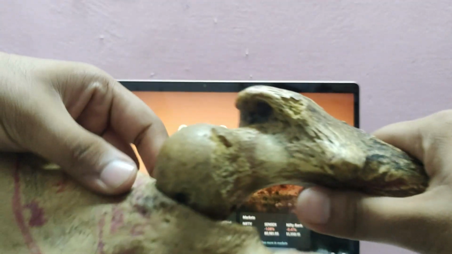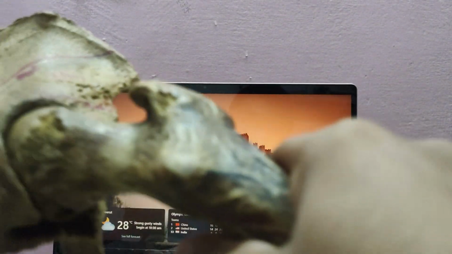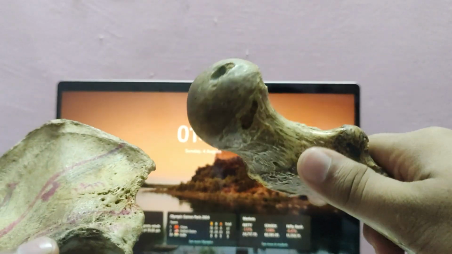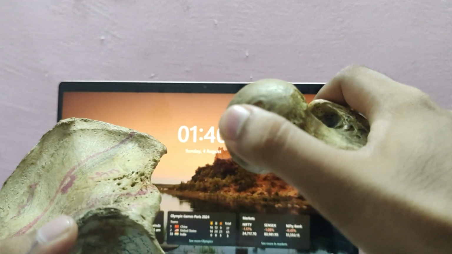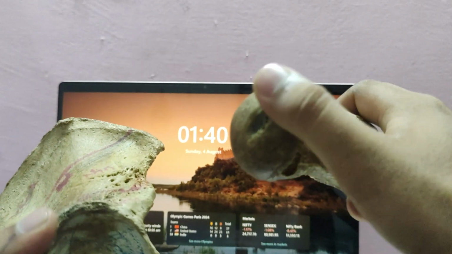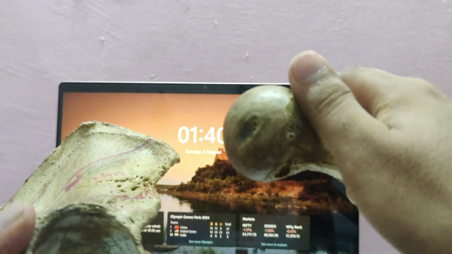So it is one of the stable joints of the body and of a ball and socket joint type, which provides greater range of motion. And on the inner side you can see this is the fovea centralis, which supplies blood to the head of the femur.